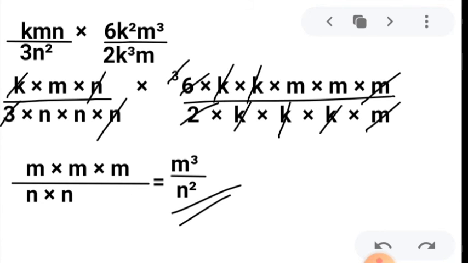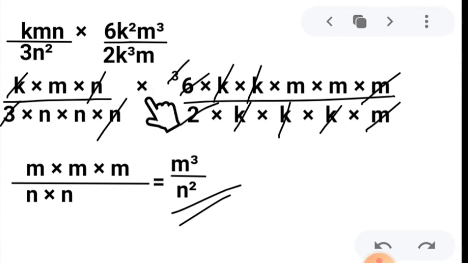So in this example, we have to first of all expand each expression. Kmn is k times m times n. We expand each expression and we cancel out every variable that is in the numerator and is also in the denominator. As you can see, n has cancelled itself out, k has cancelled itself out.